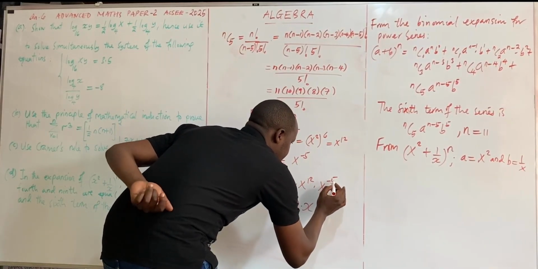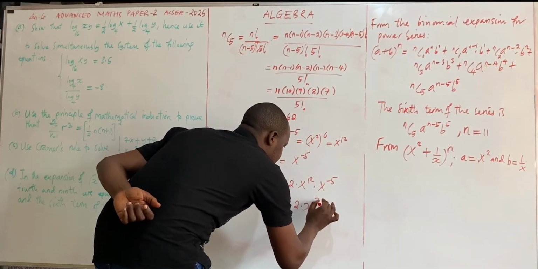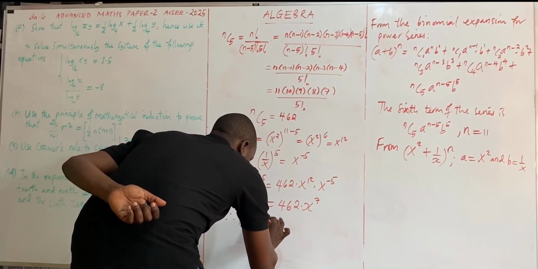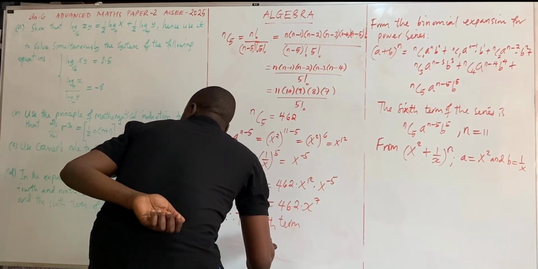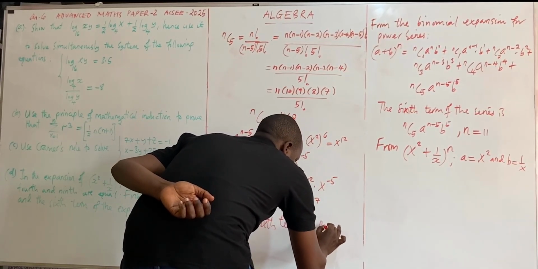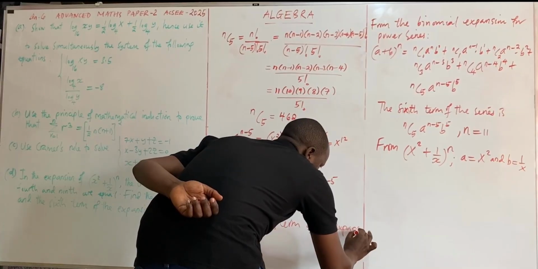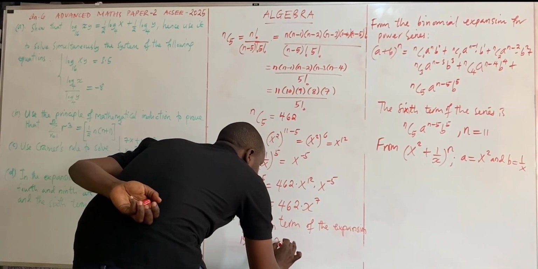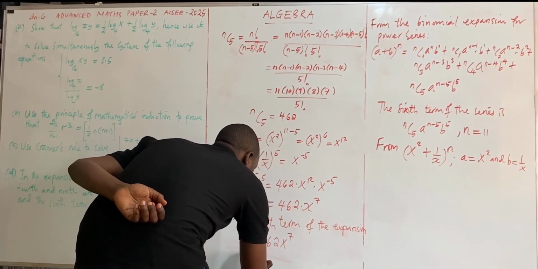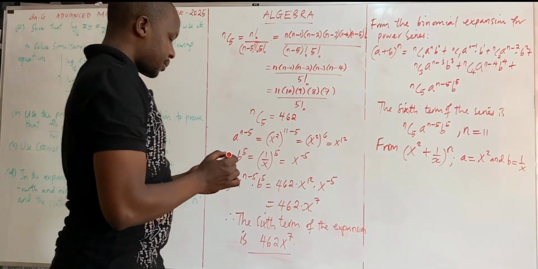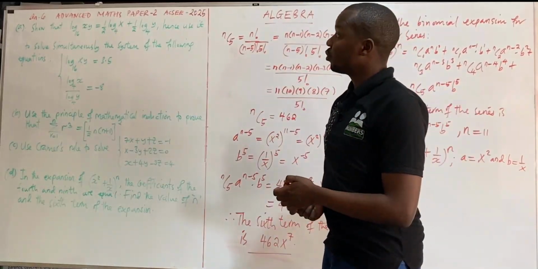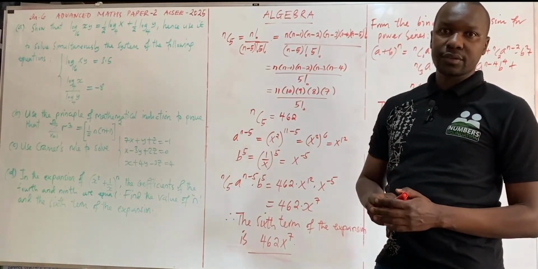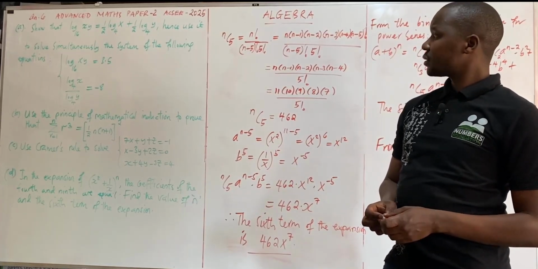So 12, when we add negative 5, we end up getting positive 7. So the sixth term of the expansion is 462 as coefficient, then x raised to 7. So that will be the answer. And up to that point, we have managed to solve question number 60, Advanced Mathematics Paper 2 in the year 2025. Thank you very much. Keep watching the next sessions.